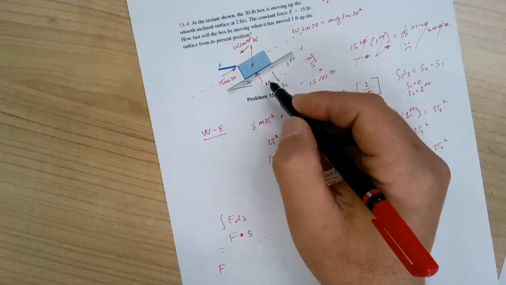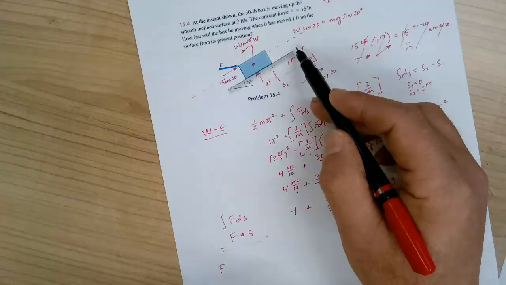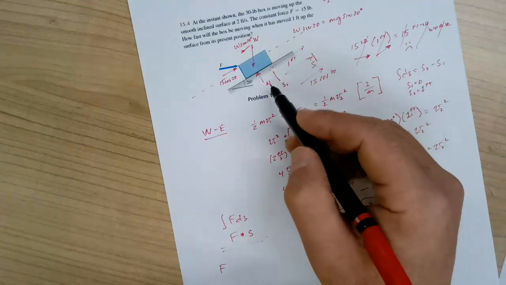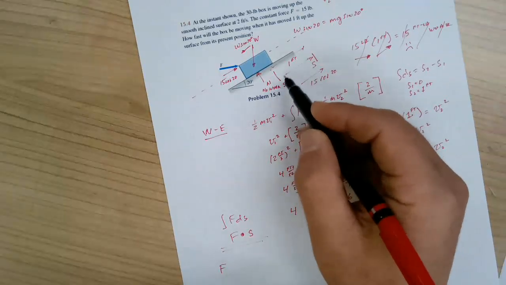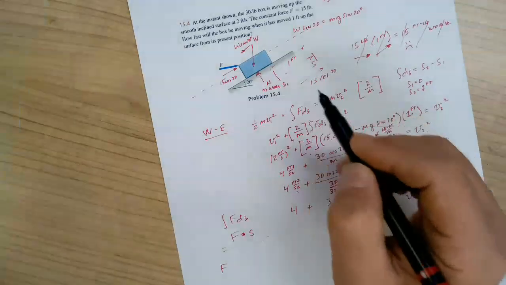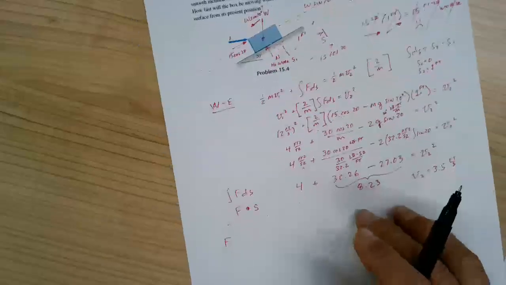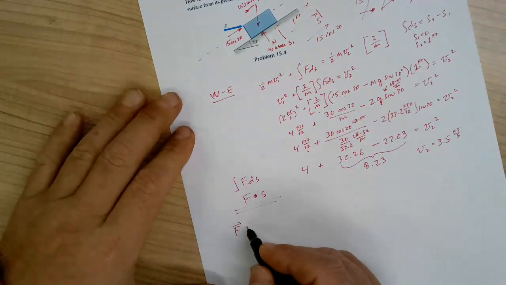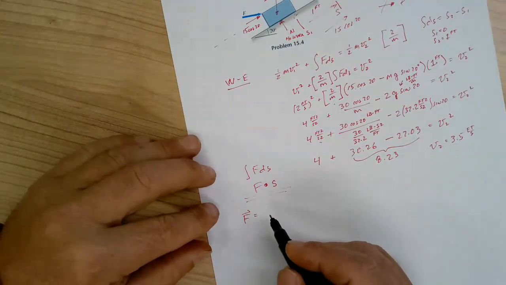The normal force doesn't do any work because the motion is perpendicular to the direction of the normal force, so no work. Frictional force would do some, but there's no friction in this problem. It does no work.